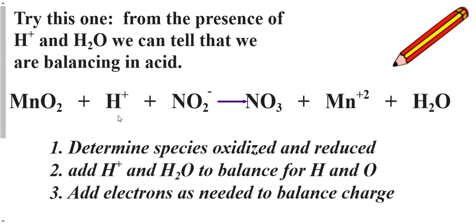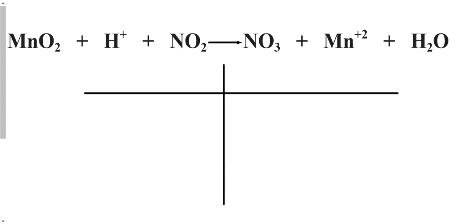So these guys are going to drop out when we first separate our redox species, but they'll pop back in the final net equation. So get your little redox chart available and pause the video here. And let's see if we can get as far as assigning your oxidation numbers and writing your half reactions as a starting point. Okay, pause the video now.